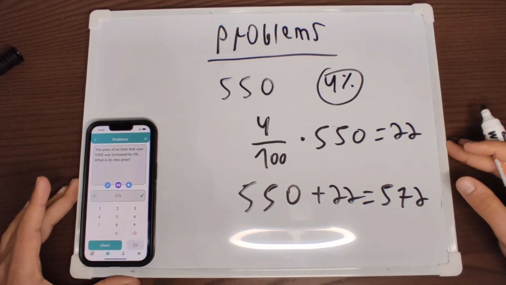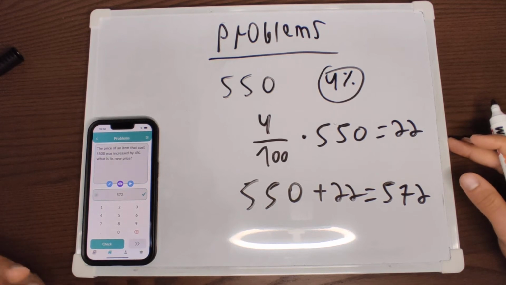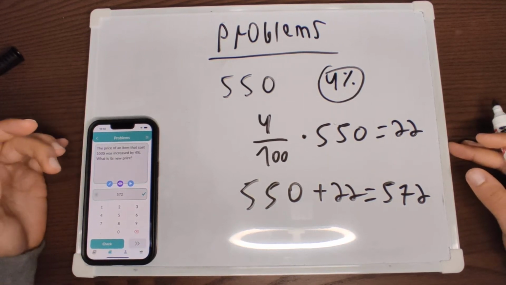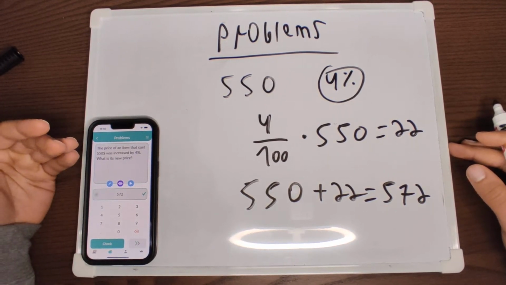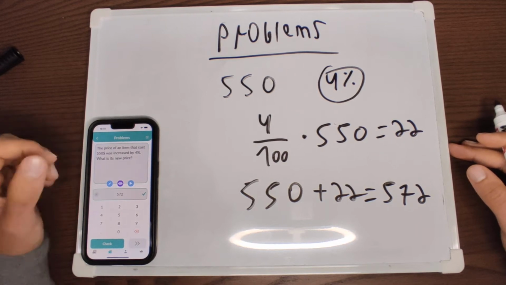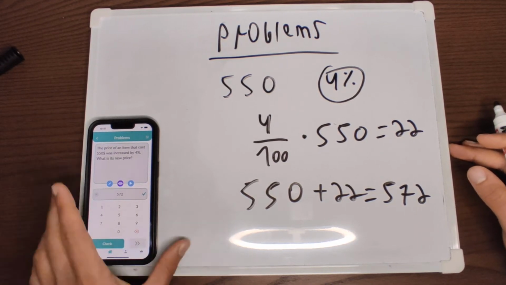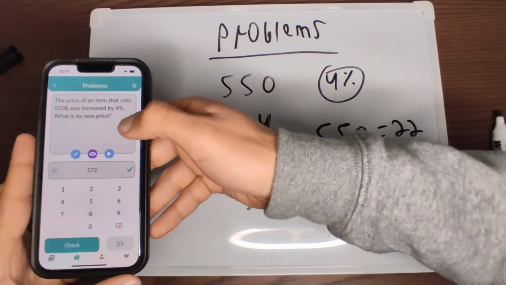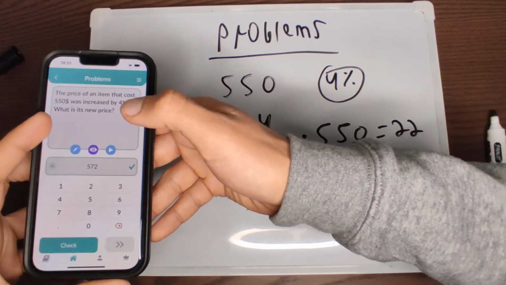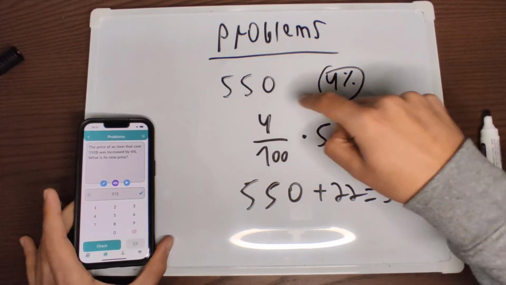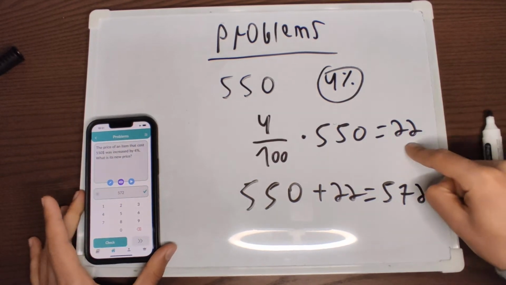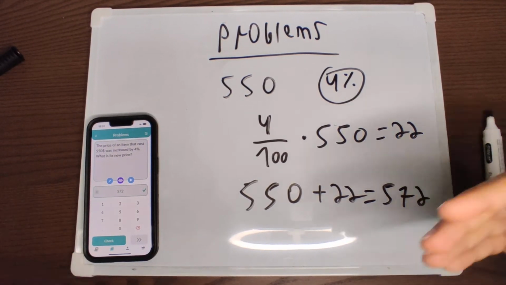And so the concept of a math problem is that we need to understand what is written for us. What is the problem? Because it's not just calculating. We can see 4%, 550. Let's calculate 4% out of 550, and this is the result. No, we need to understand the question.